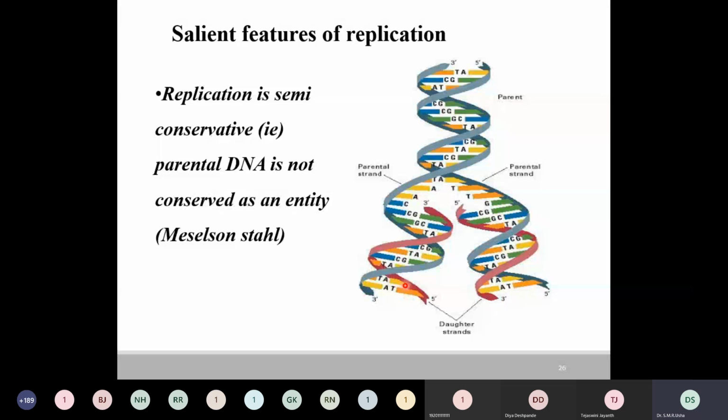Now if you see each daughter DNA, one strand has come from the parent, the other one is the newly synthesized strand, and both are anti-parallel in direction. So the parental DNA is not conserved as one entity. That is why we call it semi-conservative. You need not write all these things, only the word semi-conservative. This was explained by Meselson-Stahl's experiment.